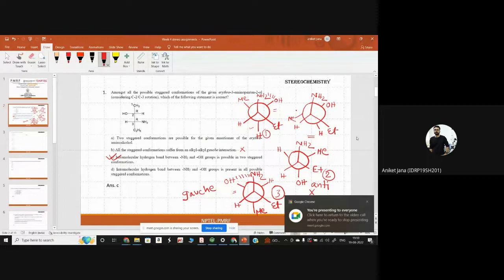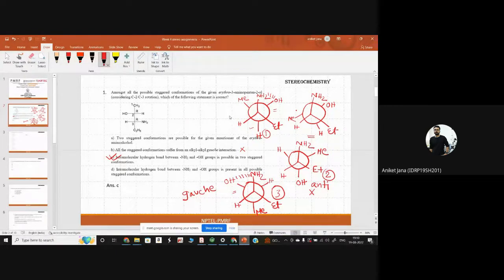Okay, so we are just discussing the first question. You know what eclipsed and staggered conformations are? Yes, sir. Okay, so we were discussing this question: among the following staggered conformations in the given erythro molecule, which one is the correct option?